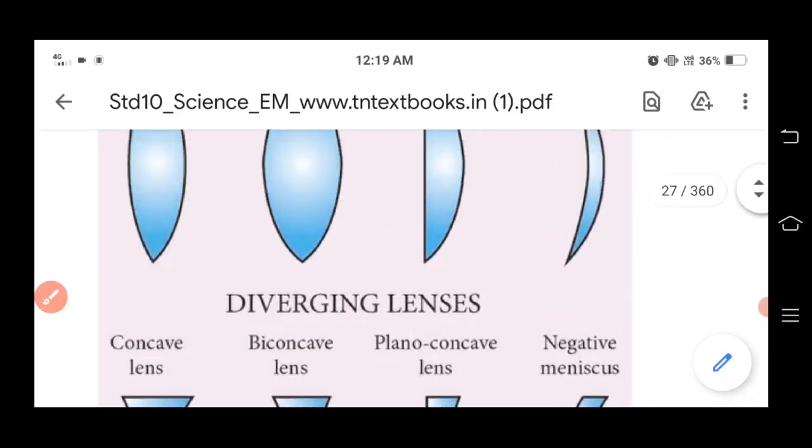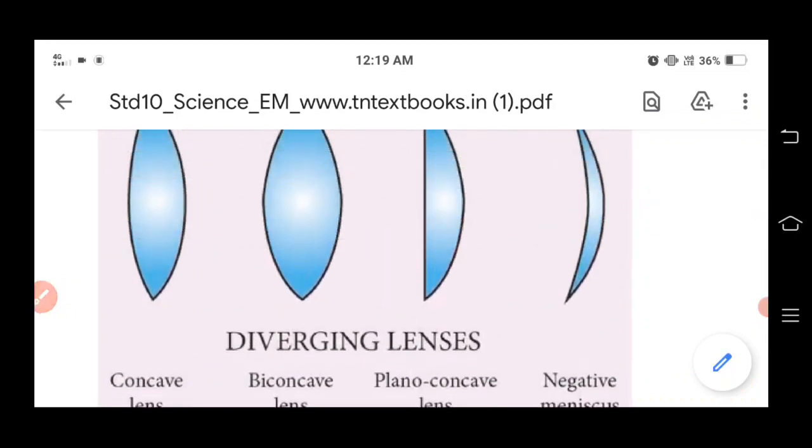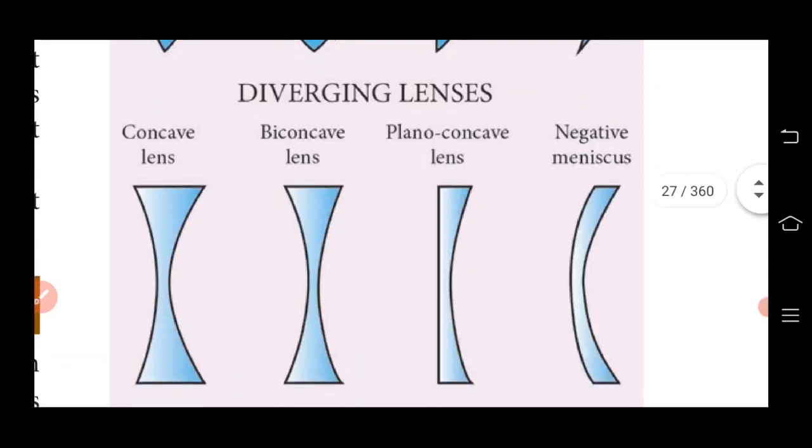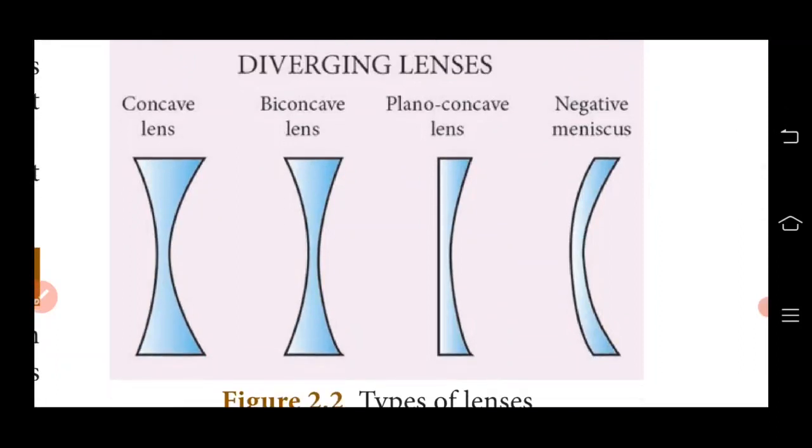By identifying this difference, we can easily tell whether it is a convex or concave lens. This is an example of a concave lens, and then biconcave lens, plano concave lens, and negative meniscus.